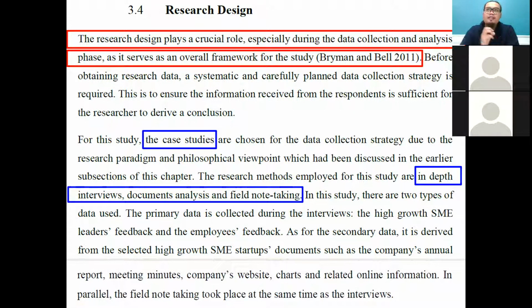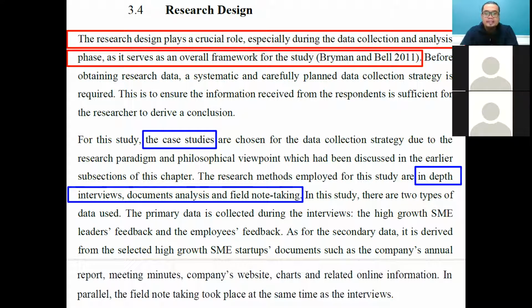That's why, in order to understand your research design, most theses will discuss research philosophy first. Then the research methods employed in this study are in-depth interviews. They use a case study with in-depth interviews, document analysis and field note taking. So they use these instruments to get the data from the research strategy of the case study.